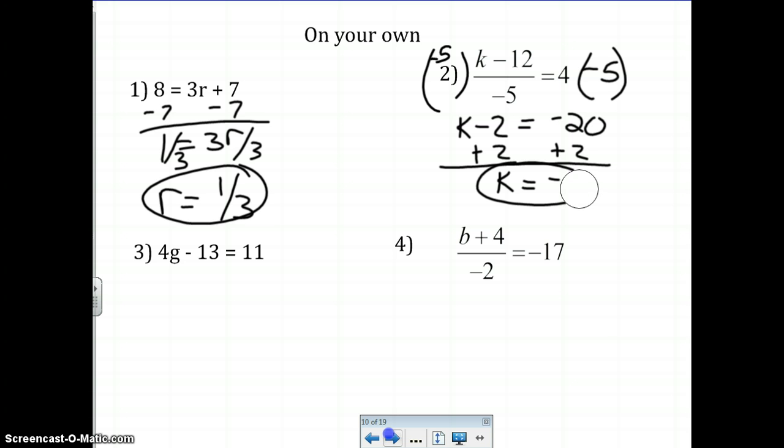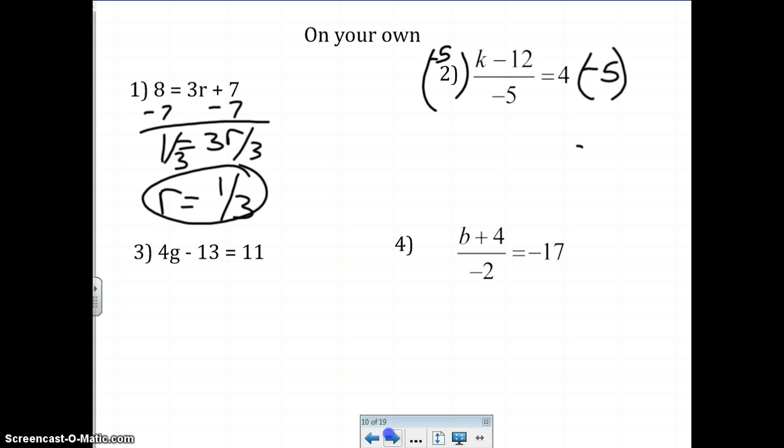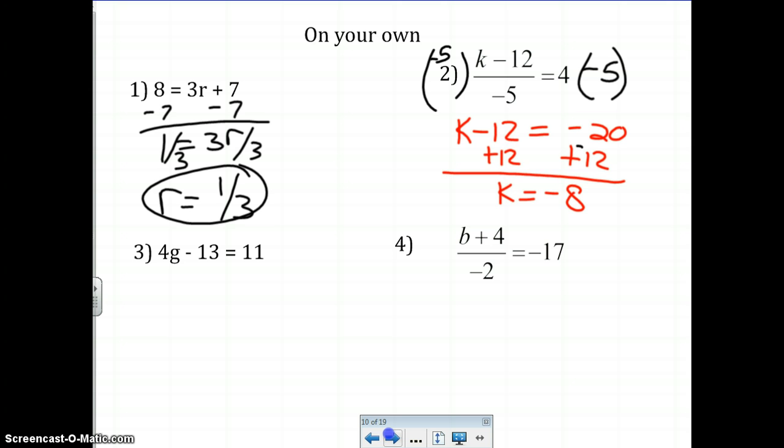My apologies on this one. It's k minus 12, not 2. Add 12. There we go. On this one, I need to go ahead and add the 13 first.